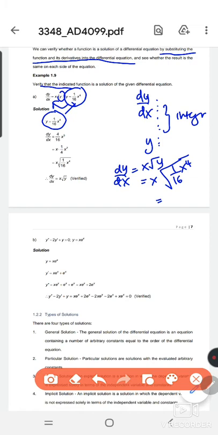Bila awak solvekan balik dapat nilai kat sini ni kan, nampak dapat kan 1/16 x⁴. So it means that dy/dx equals x √y verified. Kita akan dapat nilai tu kan, sebab maknanya verified that the indicated function is a solution of the given differential equation.